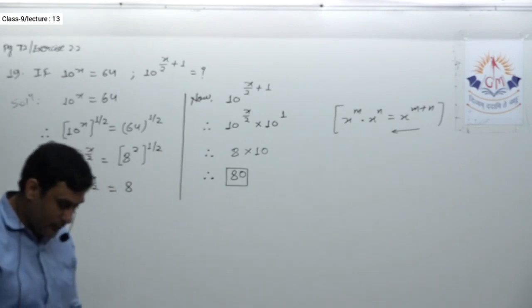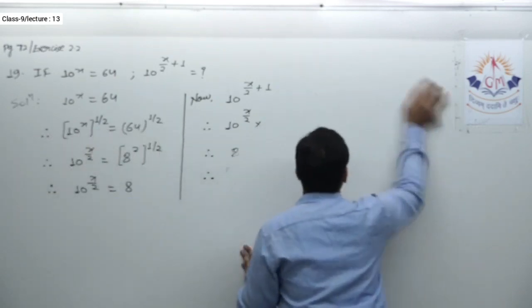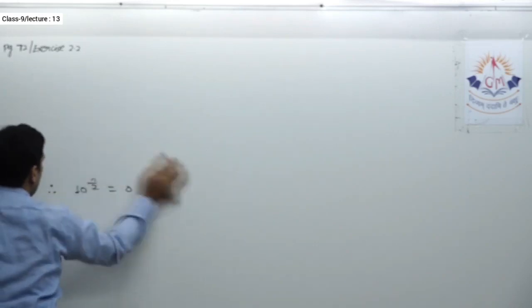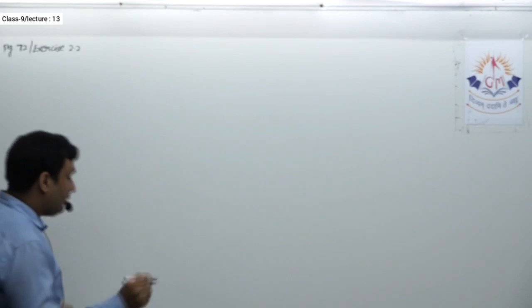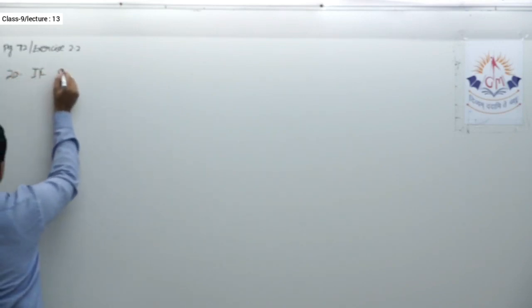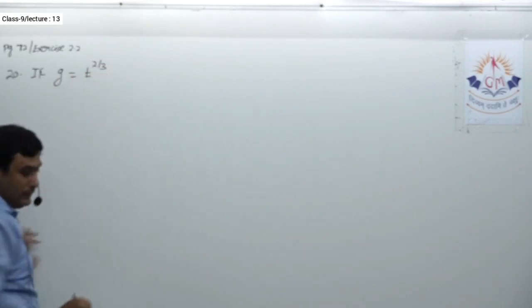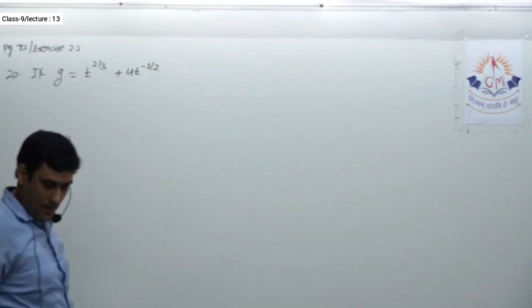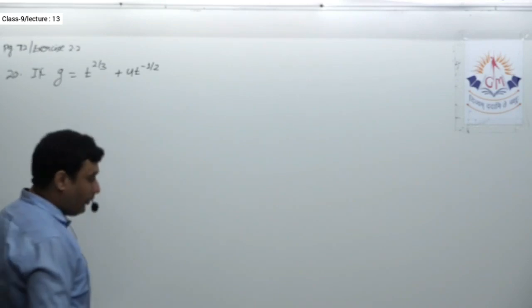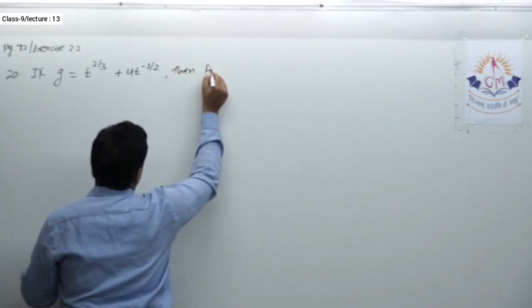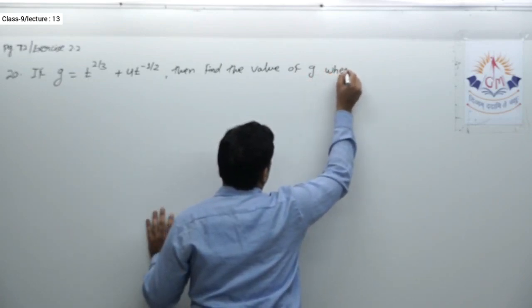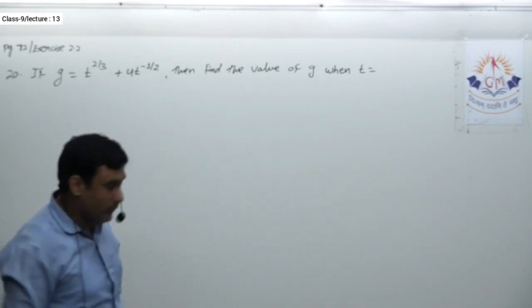Okay, now next is question number 20. The question is: if g is equal to t raised to 2 by 3 plus 4 t raised to minus 1 by 2, then find the value of g when t is equal to 64.